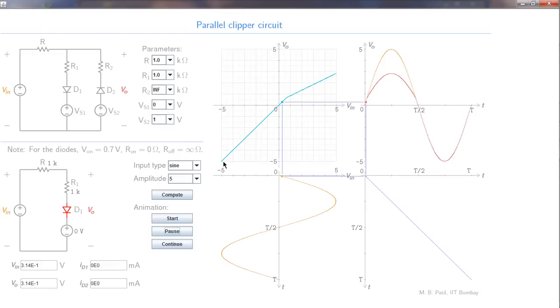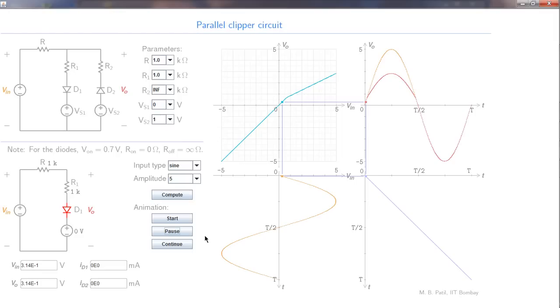When the diode does conduct, that is when Vi is greater than 0.7 volts, you can work out the relationship between VO and VI following the method that we discussed earlier. The important thing is the slope of the VO versus VI line in that region, and that would be given by R1 divided by R plus R1. In this case, R and R1 are equal, so therefore the slope will turn out to be 1 by 2. So that is the slope here.